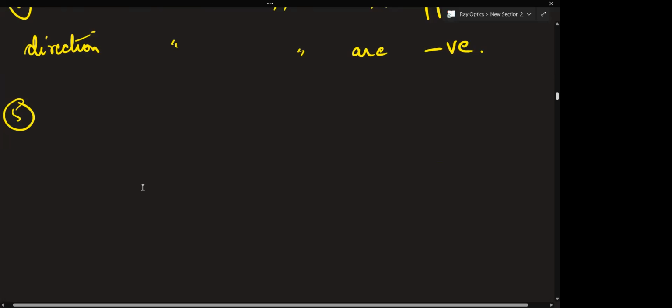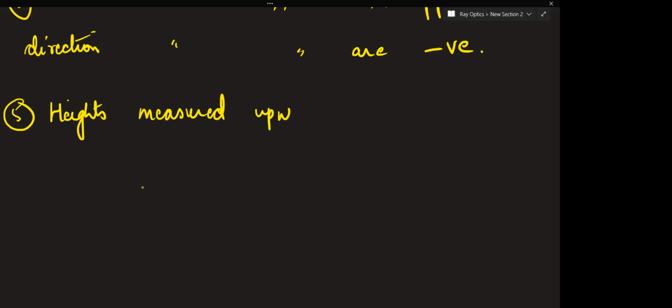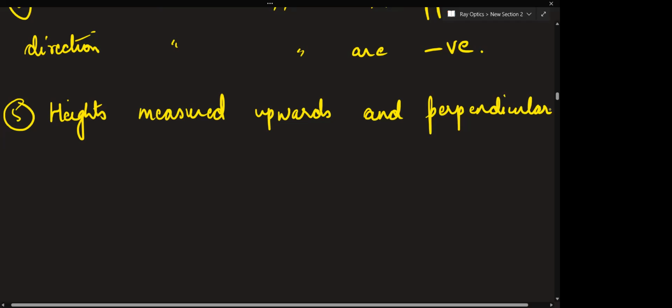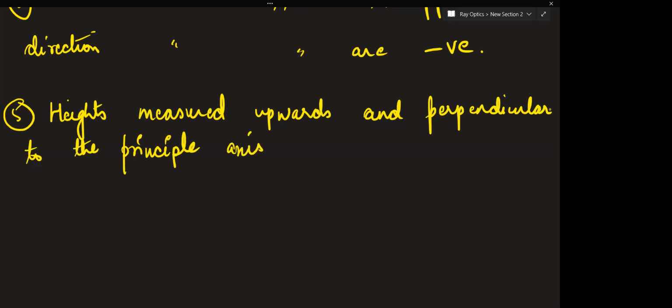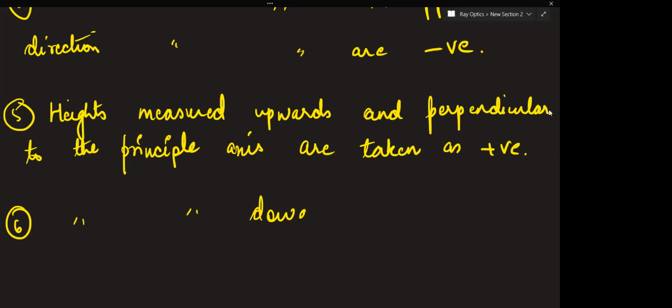Heights measured upwards and perpendicular to the principal axis are taken as positive, and just opposite to it, measured downwards and perpendicular to the principal axis, are taken as negative.